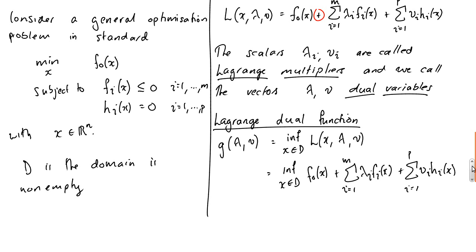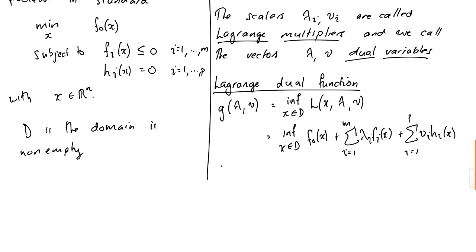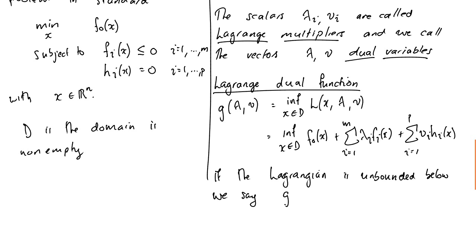So, if the Lagrangian is unbounded below, we say that the dual function takes on a value of negative infinity. Okay, it's slightly abusing notation there, but the concept's pretty clear.